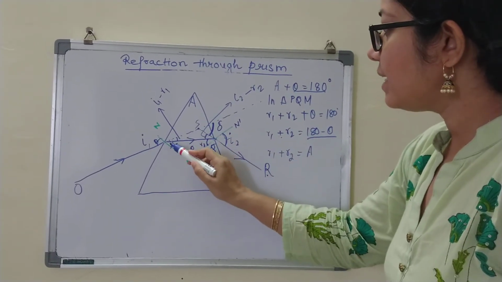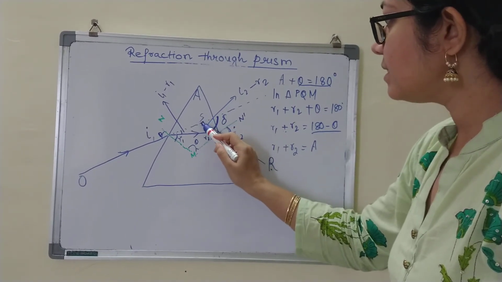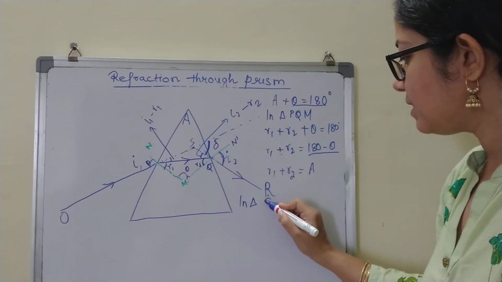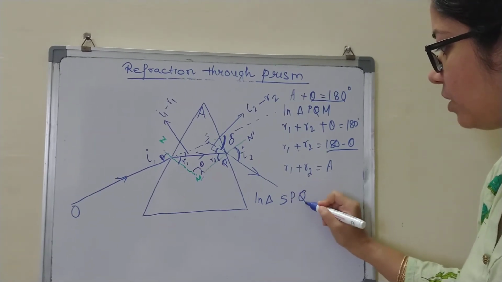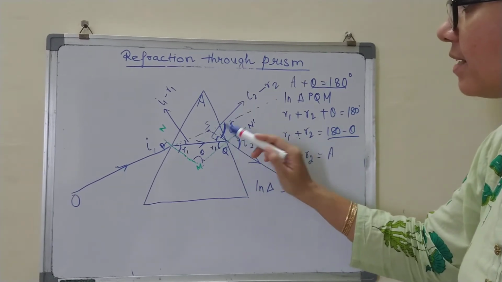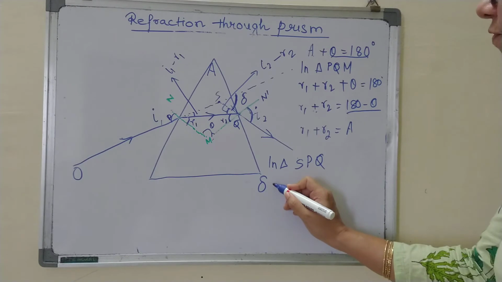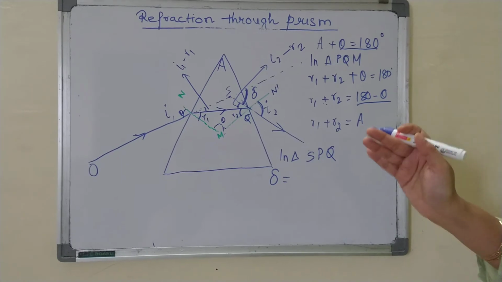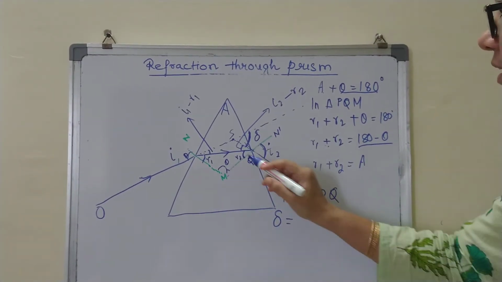Now I take the triangle SPQ, the above triangle. In triangle SPQ, I see this is the external angle, delta. So what is the formula we know? That one external angle is equal to the sum of the two opposite internal angles. So I can write from here: what is this?